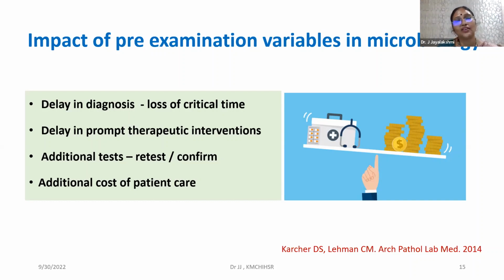All of these would add cost to the patient. Additionally, like I mentioned to you earlier, operational costs for us in the laboratories would also increase. So it's going to be a huge area of concern: safety concern for the patient, management issues, appropriate timely interventions not happening, and of course the cost.